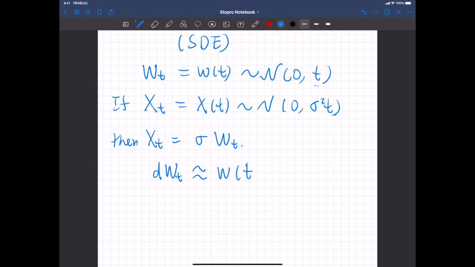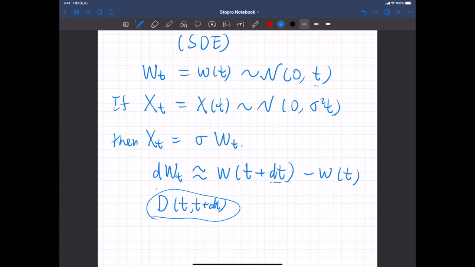So this is W at t plus dt, where dt is an infinitesimal increment in time, so we take this difference as dWt.